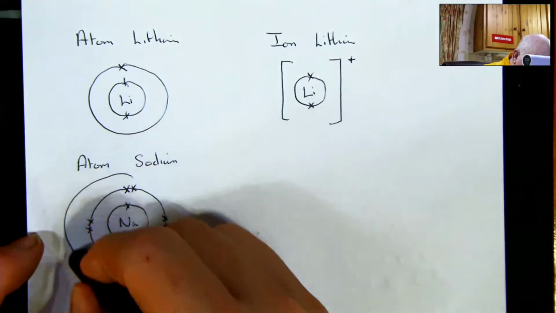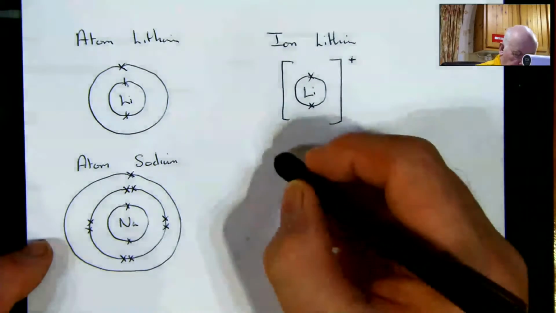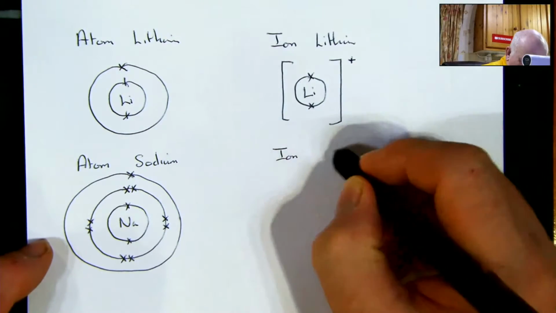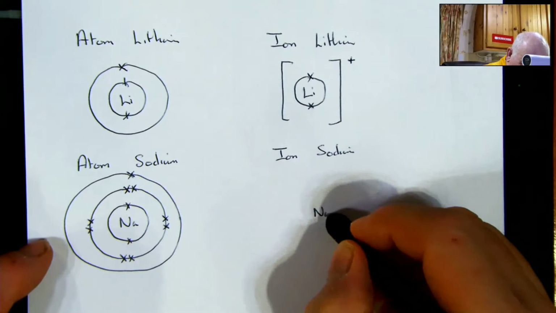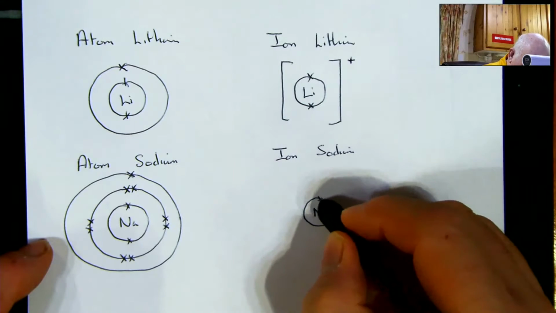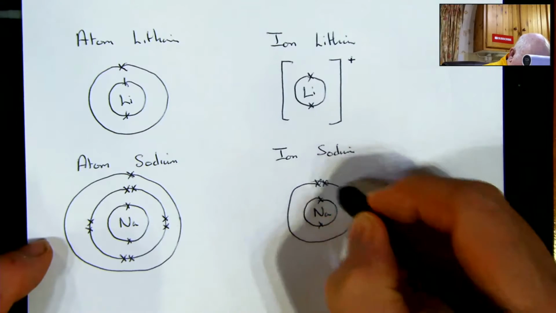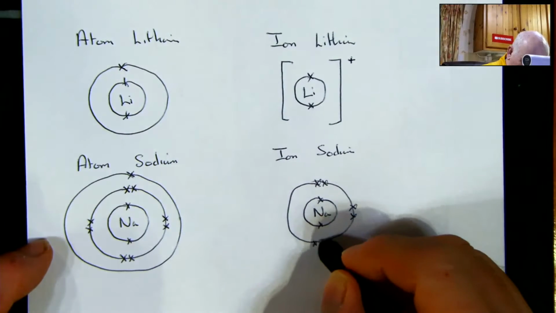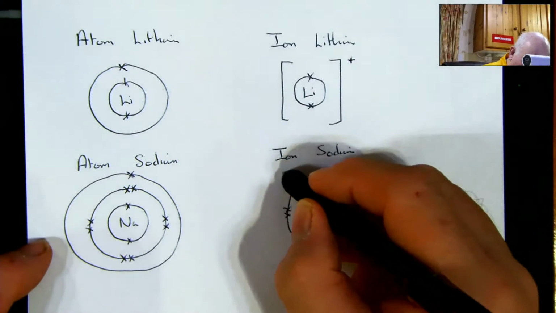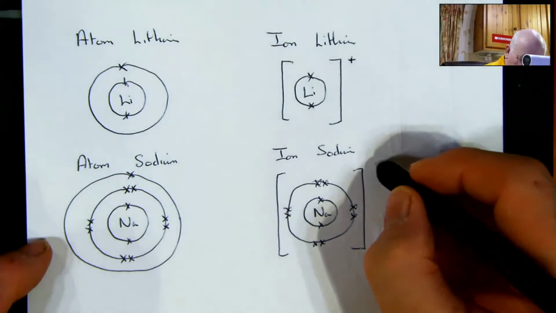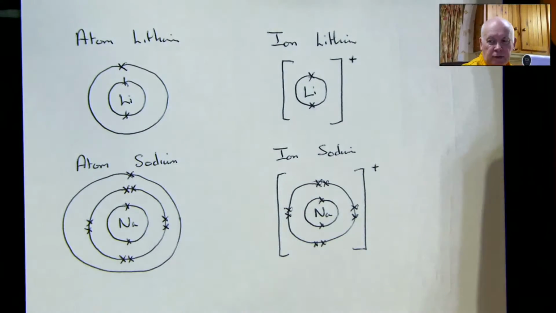And in the outside shell, badly drawn, I've got 1 electron. And as we'd expect for the ion of sodium, we're going to have the inner shell complete, the next shell complete. My circles really are getting worse. And because we've lost 1 electron, we don't have that other shell. And because we've lost 1 electron, it is now plus.